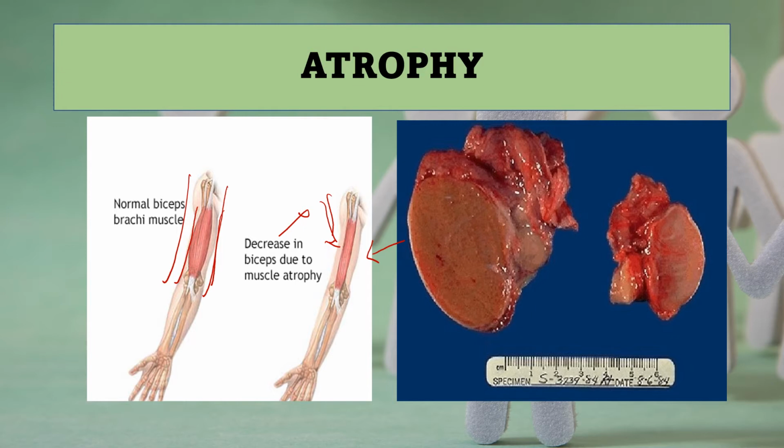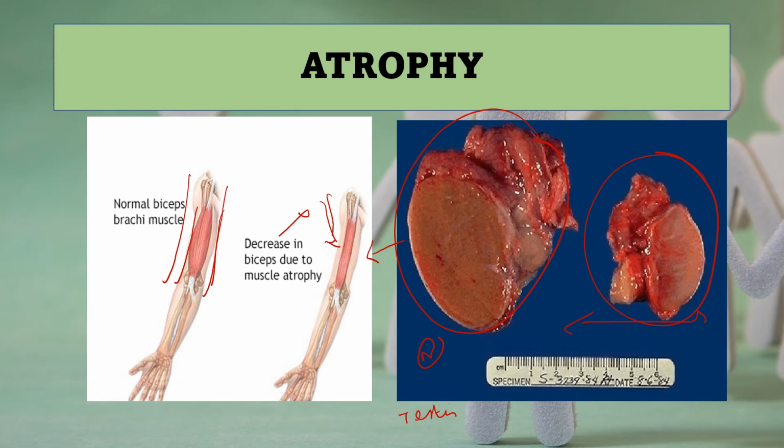Next, what is this organ? If you remember in hypertrophy, I was showing an image of a pregnant uterus and a normal uterus. But this has nothing to do with the female genital system. This is an image of a testis. This is how a normal testis is supposed to appear in size in an adult. Look at this one. The size is decreased. So this is testicular atrophy. Why does this testis get atrophied or not develop?